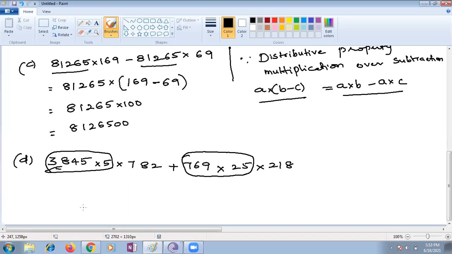That equals 3,845 into 5 into brackets 782 plus 218, which equals 19,225 into 1,000. The answer is 1,92,25,000, ma'am. Yeah, that's okay.